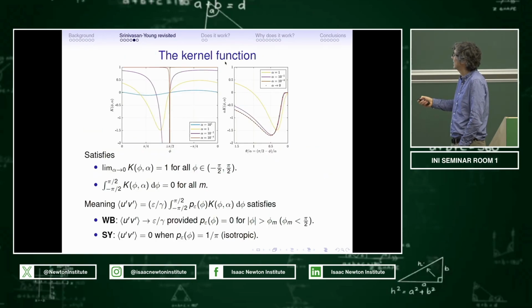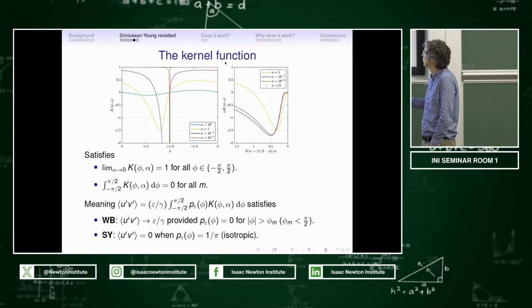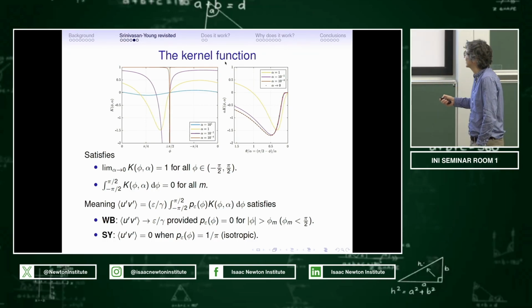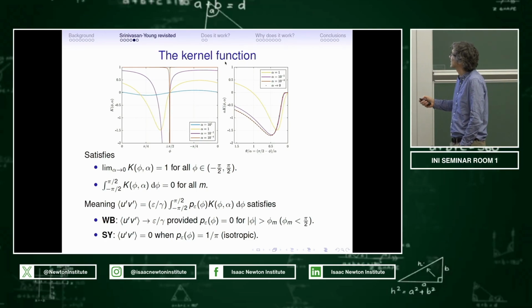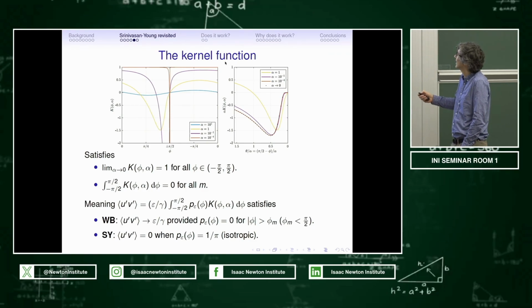So as alpha goes to 0, the kernel function goes to 1. And that means that it goes to 1 everywhere except at plus or minus pi over 2, where it becomes singular.